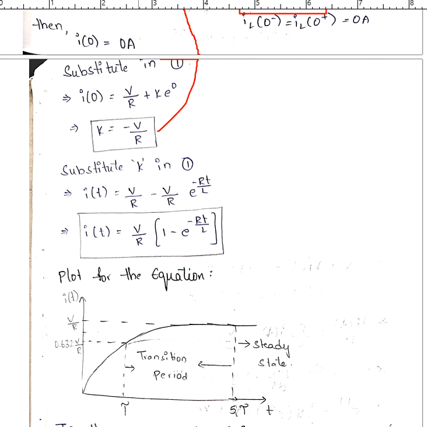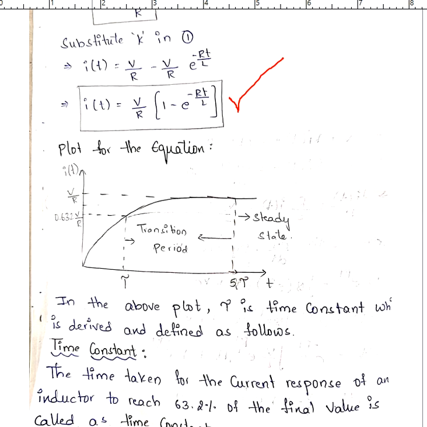Okay, so then finally you are getting this kind of response, and for this response if you plot a graph, you will be getting like this. On x-axis it is time response, right? It is response of current with respect to time. That's why it is called time response. So x-axis is time, y-axis is I of t, and you are plotting, you will be getting like this.